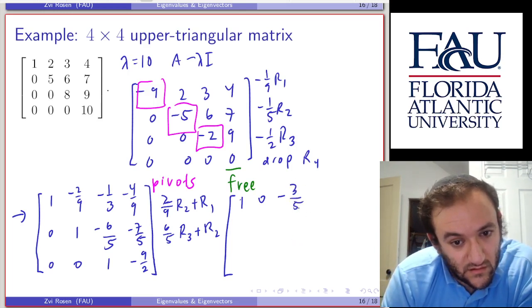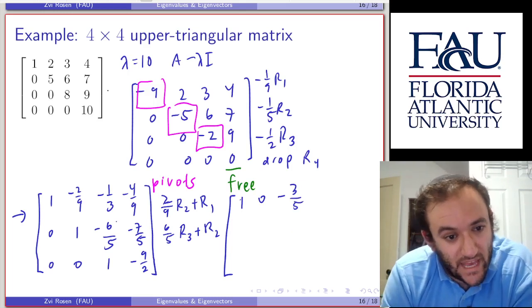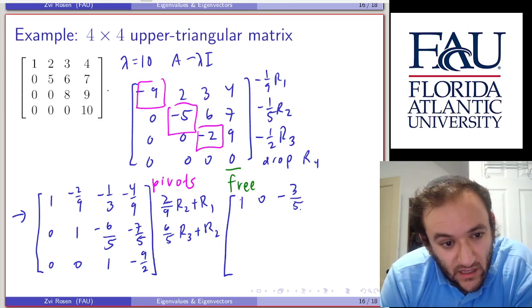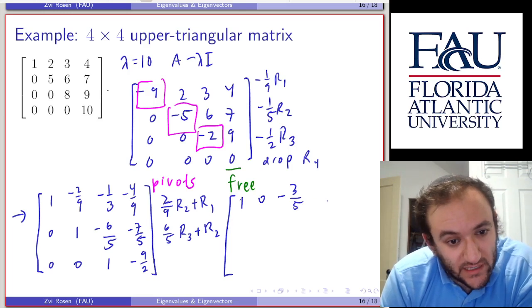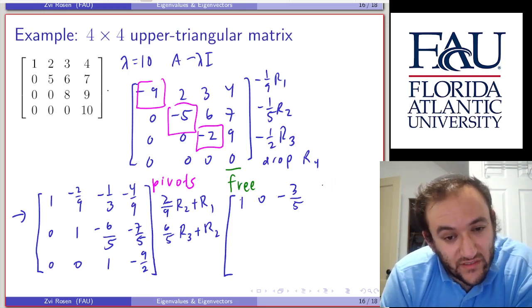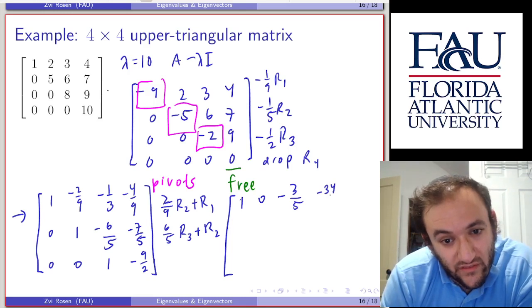Okay, and then in column 4, we get minus 14 over 45, and minus 20 over 45 gives us minus 34 over 45, which does not simplify nicely.